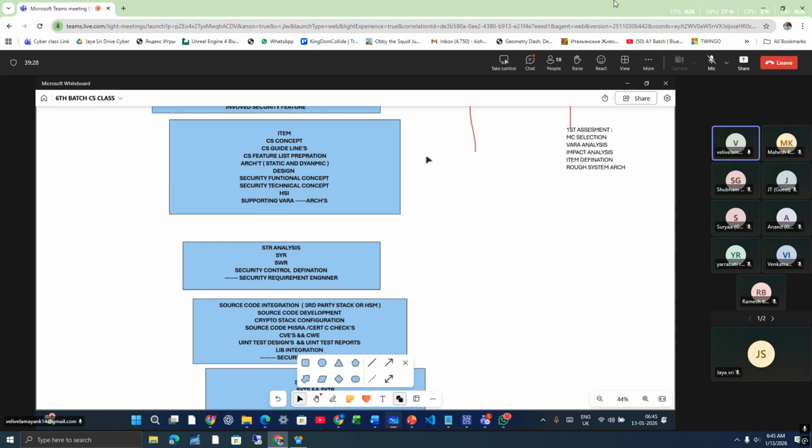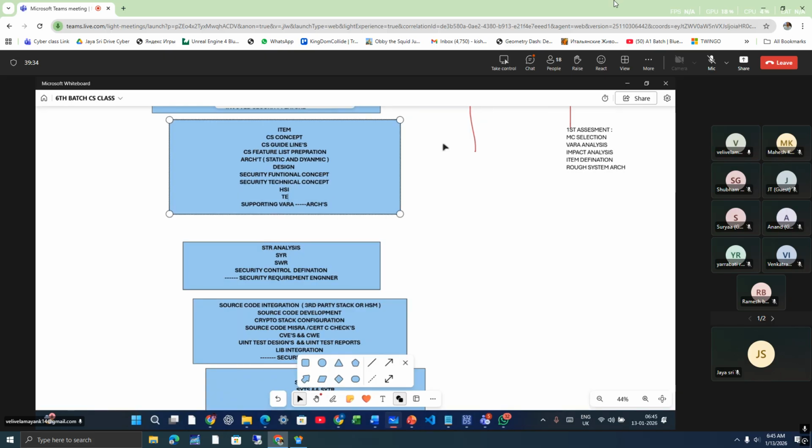Here, the architect group only does test frameworks. Test framework is one topic, and that is the responsibility of the architect group only.